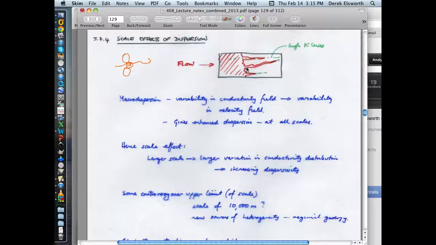If you take that and think about the connected high velocity pathways that you might have, maybe a lens of material with a higher porosity or larger grain sizes, then you'd expect that the stuff that's being carried by the water would travel faster in this zone than it would around it, and therefore would result in spreading as a function. And that's exactly what happens.